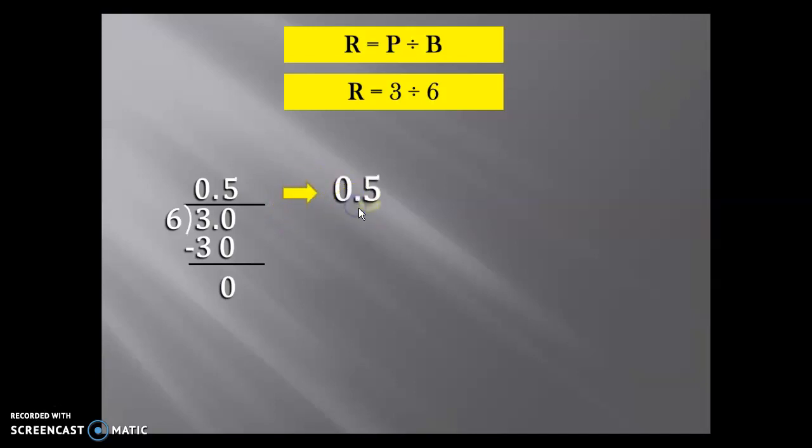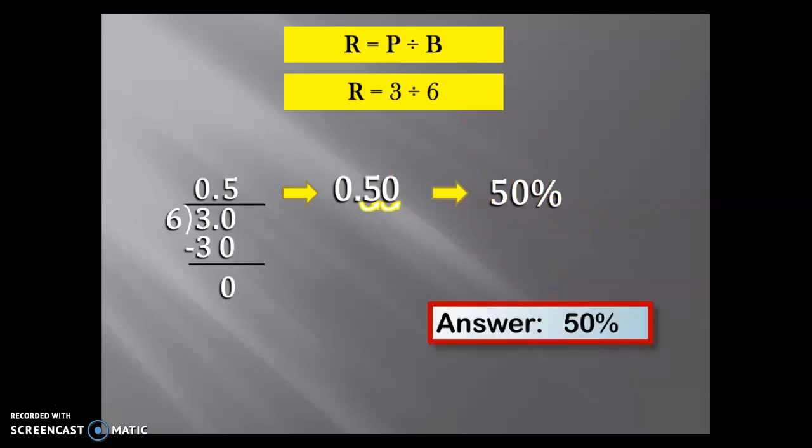If you move your decimal point 2 places to the right, you will have this blank space. Now, you simply have to add 0, then add your percent sign. Voila! Our answer is 50%, meaning 3 meters is 50% of 6 meters.